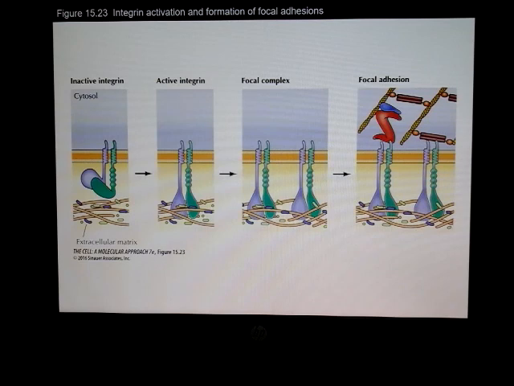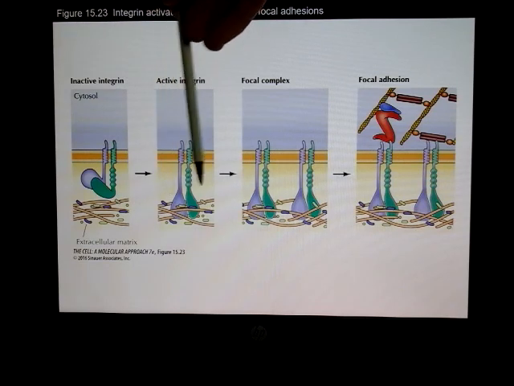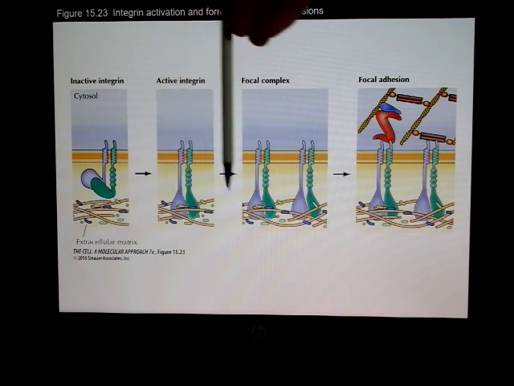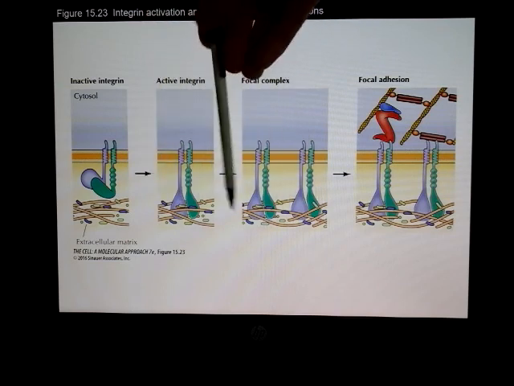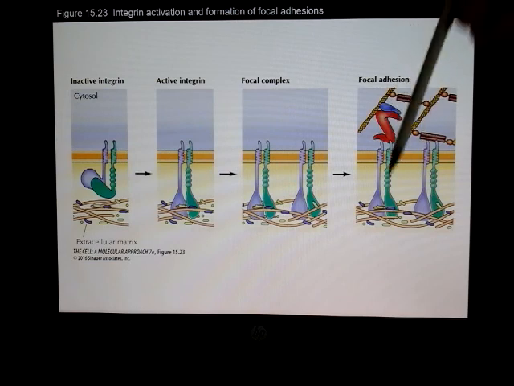And again, guys, here's an example of an inactive type of integrin. Now it's dimerized here. Then you get your focal complex, so you start attaching these together. Focal adhesions will take place over there.